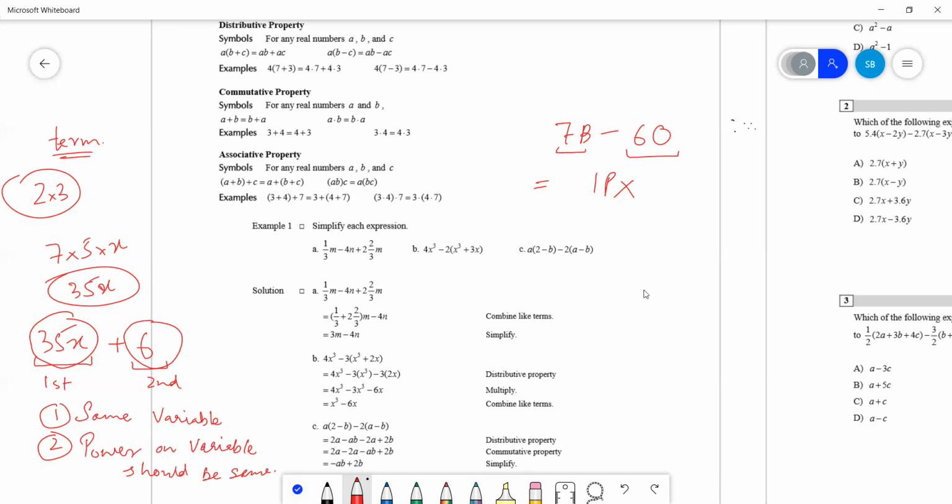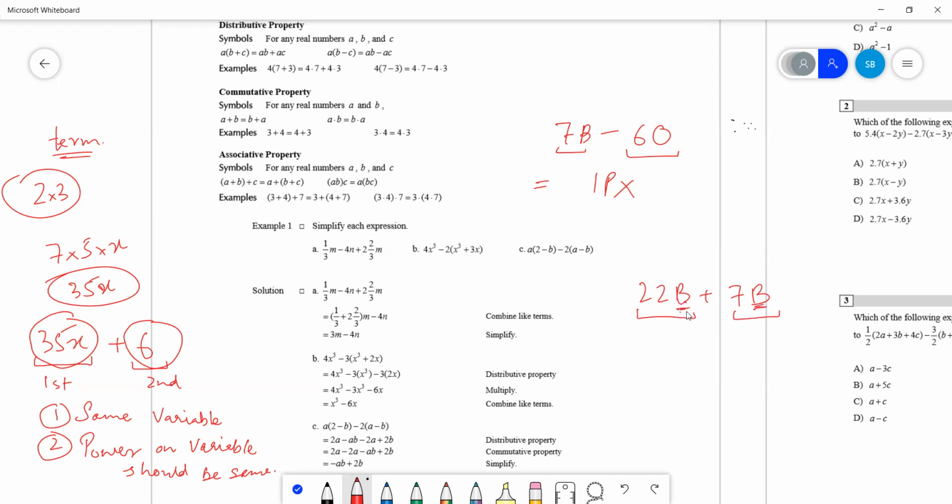For example, 22 bananas plus 7 bananas. So what do you say about 22b and 7b? Are these terms same or different? Same. Same, because their variable, that's a banana, that's b, is same.